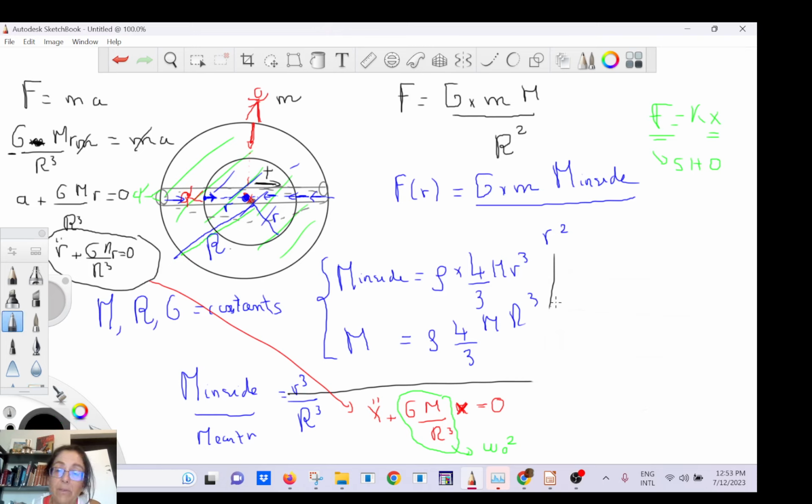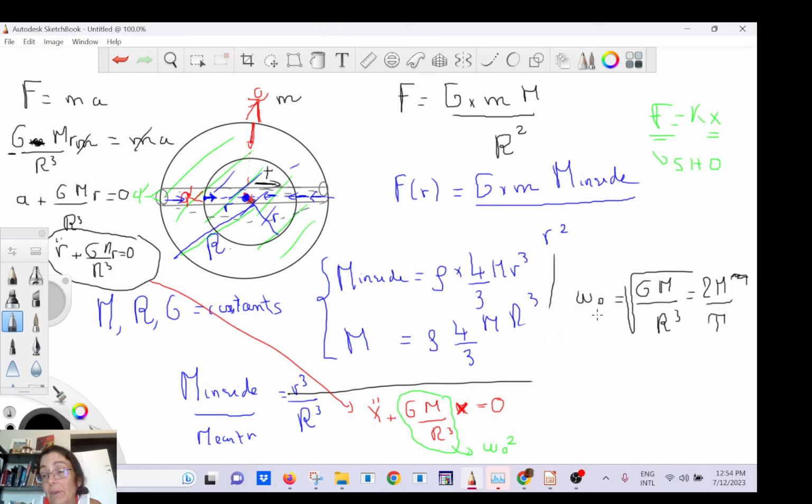So here we have that omega sub 0 equals the square root of G times the mass of the Earth over the radius of the Earth cubed. And this equals 2 pi over the period.